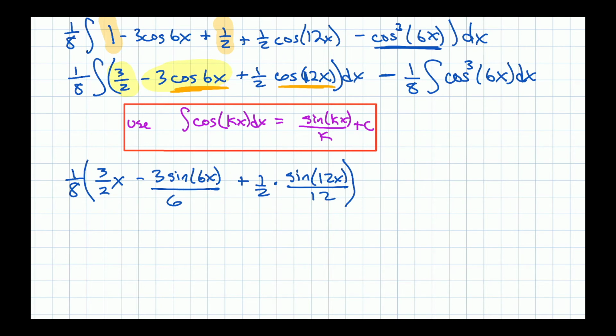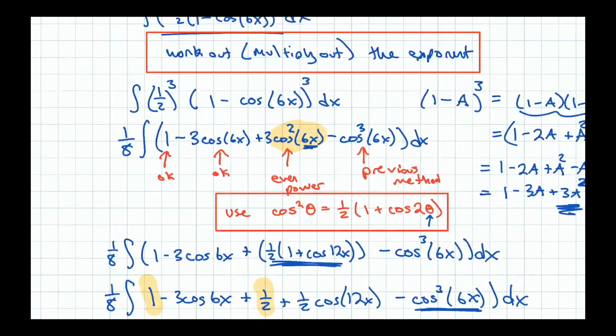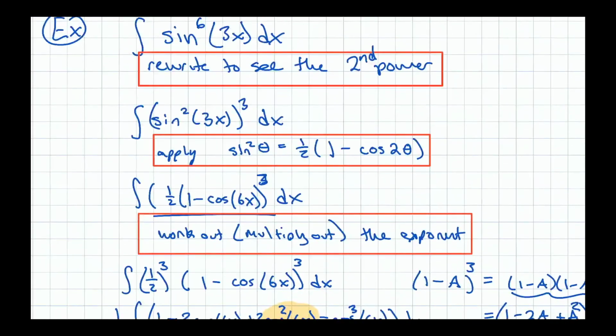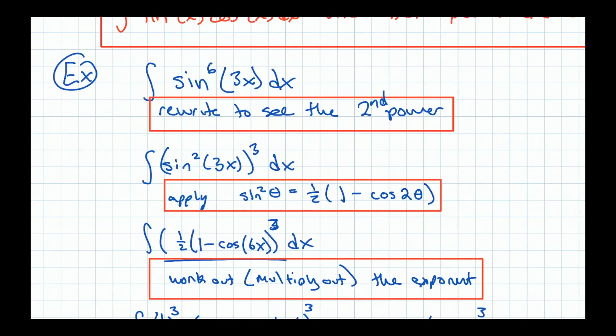Now, before we go any further, I just want to point out that this whole thing over here, the cosine cubed, the only reason we have that is because of my poor choice of a sample problem where I used a 6th power. Generally, the first one that they give you is a 4th power, and if they want you to do a long problem, they usually give you an 8th power.